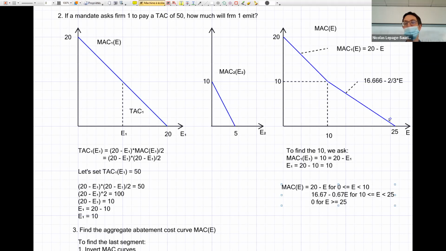This is for two firms, but you can imagine if you have 3, 4, 5, it would look more and more convex. What does that tell us? Well, it tells us that having an emission level of 0 might not be the best, because you're always going to find some firm somewhere that has a terrible technology, and it costs an incredible amount of money to abate.